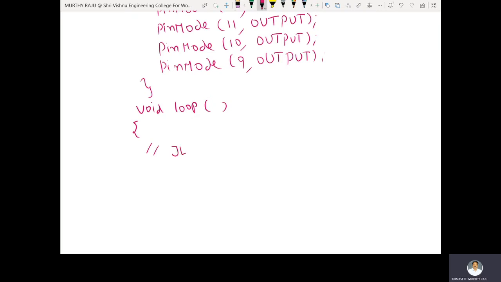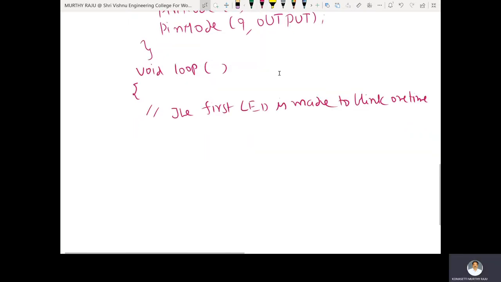The first LED is made to blink one time. Blink one time means by using digital write, set these pins either high or low.